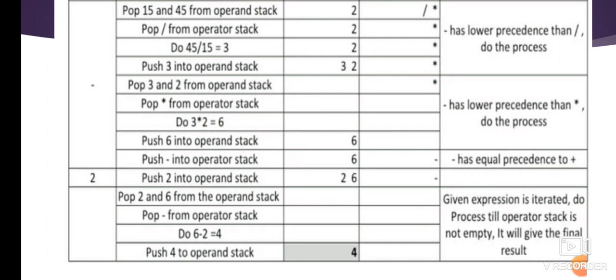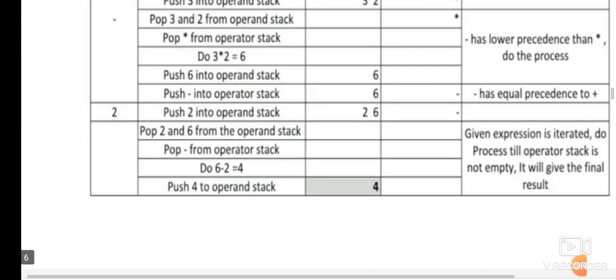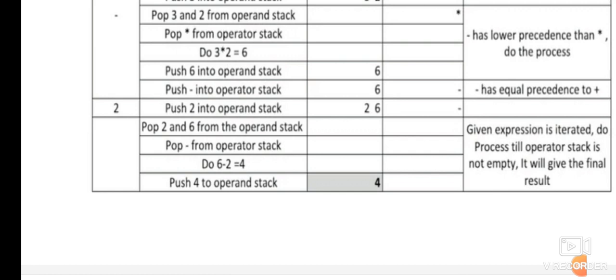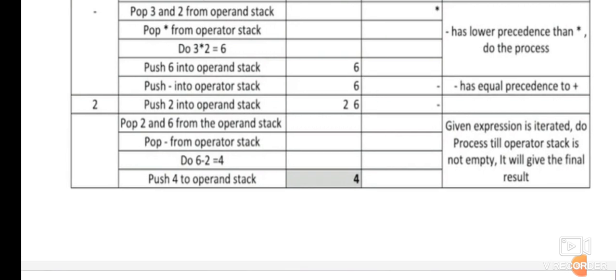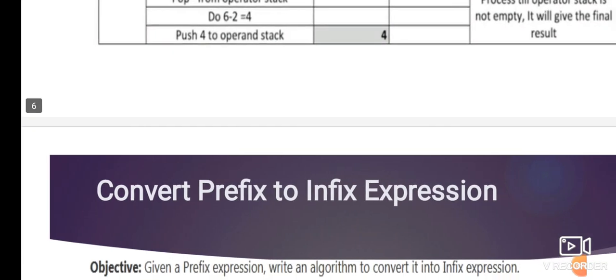Then push 2 onto the operand stack. Pop 2 and 6 from the operand stack and pop minus from the operator stack, right? So 6 minus 2 is equal to 4. Push 4 to the operand stack. Now the given expression is fully processed, so do the process until the operator stack is empty. It will give the final result, right?